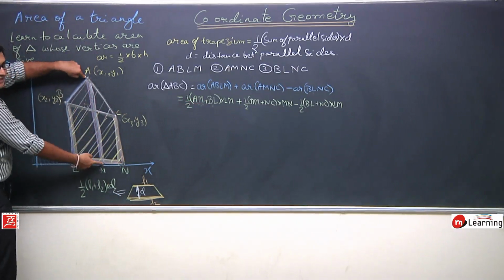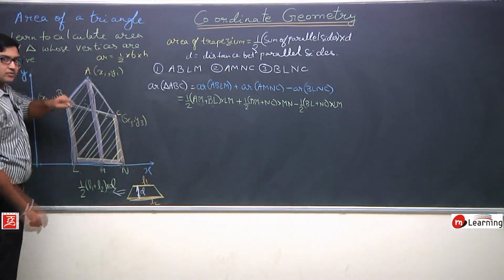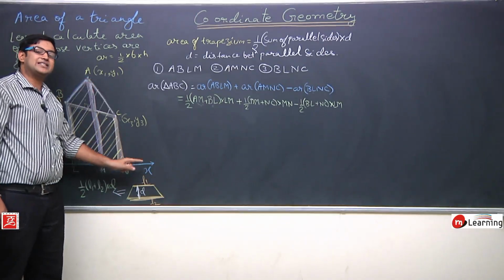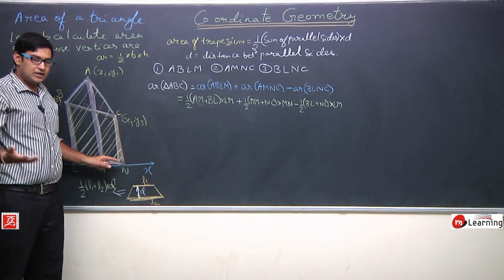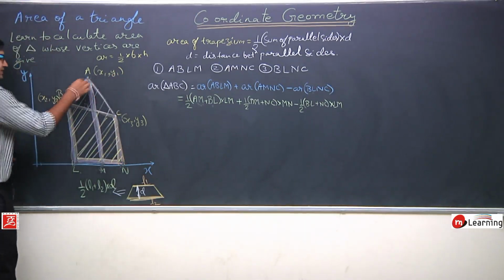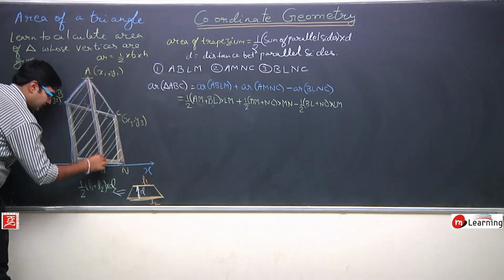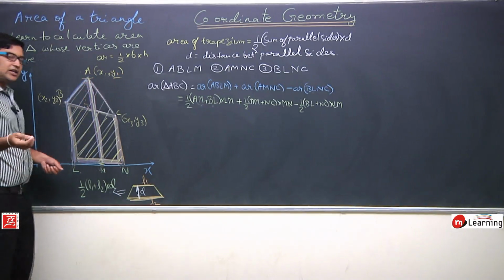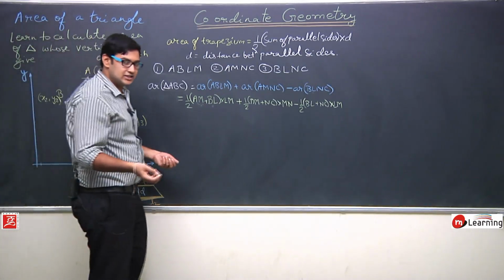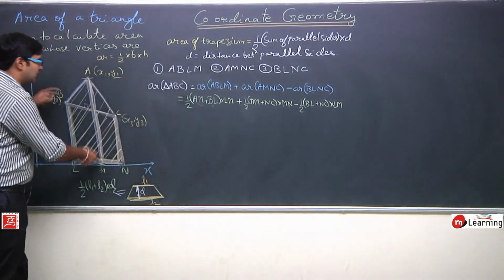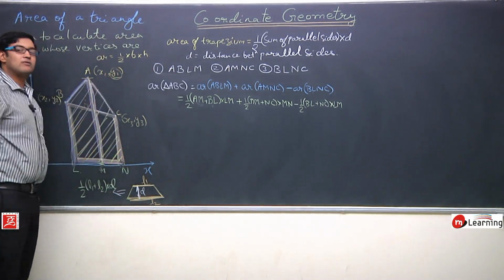So what exactly is the measure of this length? This A point is how many units away from this x axis? That will be equal to the y coordinate. I am saying that this length of AM is equal to y1, because the y coordinate is the distance from the x axis. So the length of this perpendicular is equal to y1.